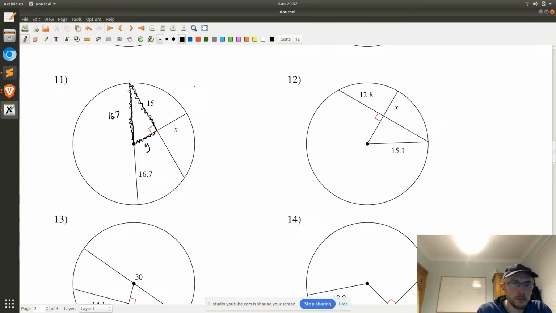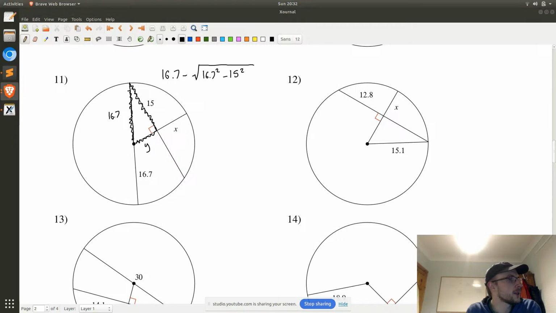So in full, the calculation is 16.7 minus the square root of 16.7 squared minus 15 squared. So we do that now. And we get 9.4 to the nearest tenth.